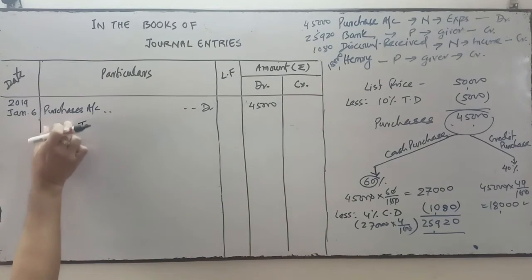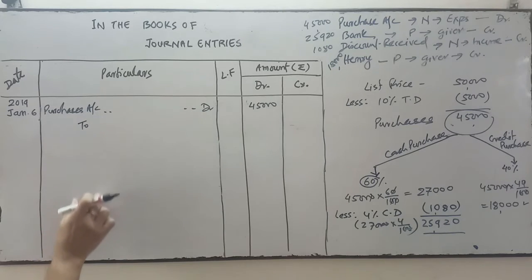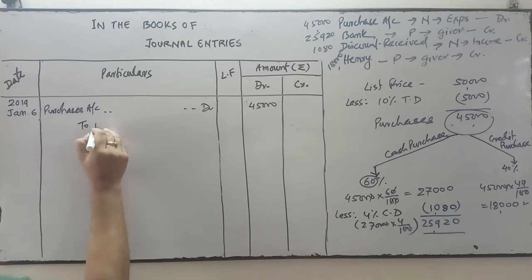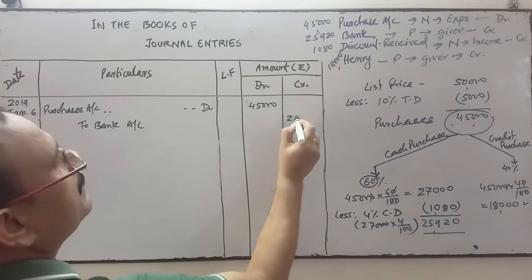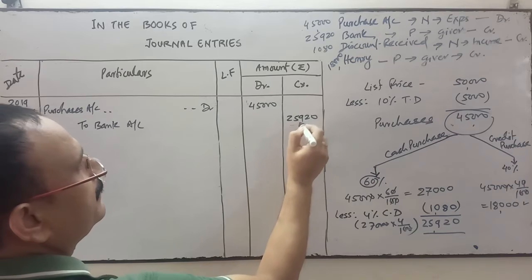So we'll take the space over here and write the names of the 3 accounts. So first one is bank. Bank account. Amount is how much? 25,920 on the credit side.